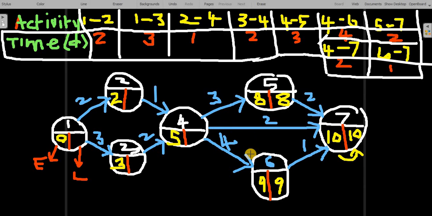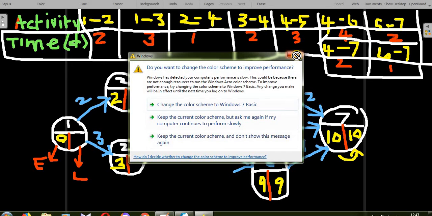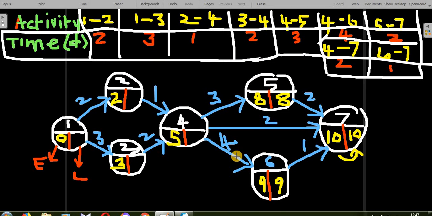But here there are 3 arrows starting from the same event. Am I correct? The 3 arrows, from this way, from this way, from this way, are ending here. So in all the ways you have to calculate the latest time.